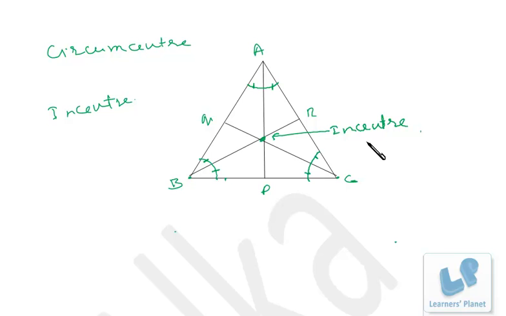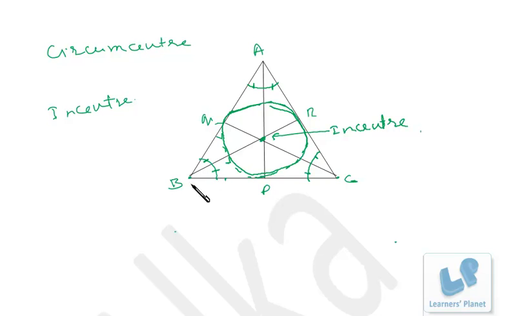So the concurrence point of angle bisectors is known as the in-center, and keeping this as a center, we can draw a circle that will be inscribed in this triangle, right? You can see this circle is inscribed in this triangle, and all the three sides of the triangle work as tangents to this circle.